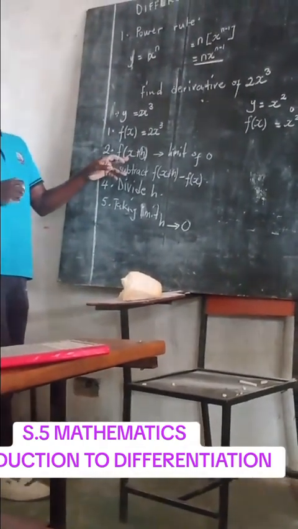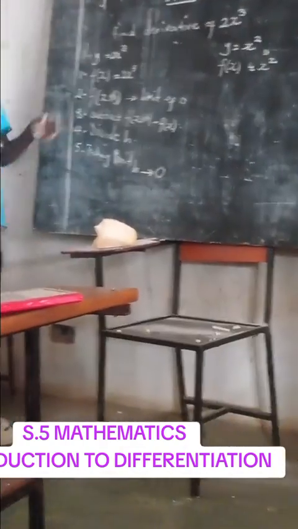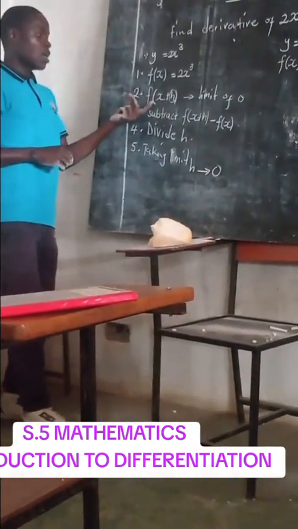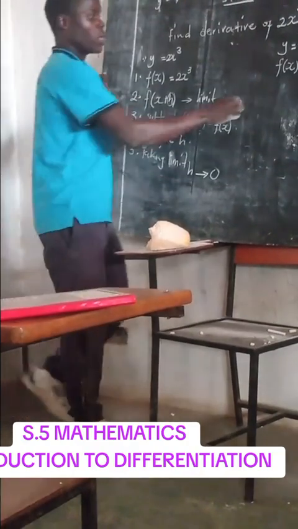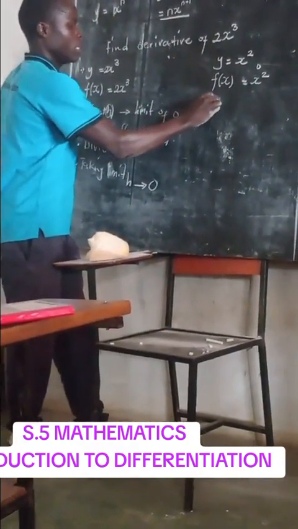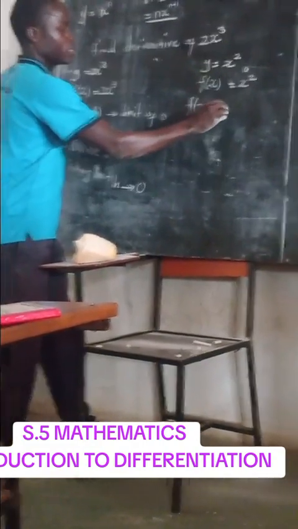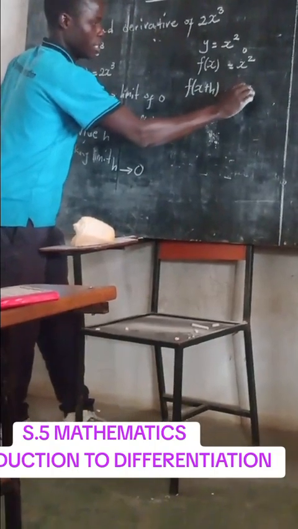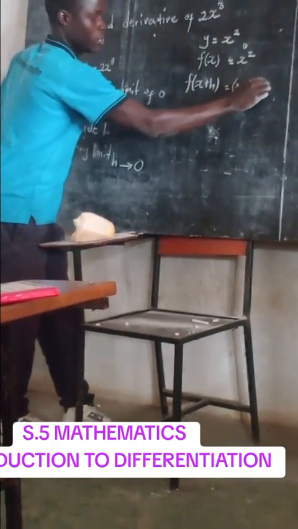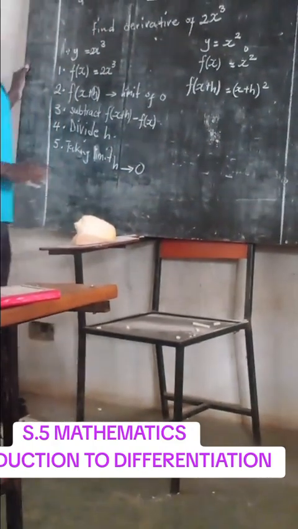Now h now changes. Then I find the change or the increase of the function. So that one we have x plus h is equal to x plus h all raised to power 2.